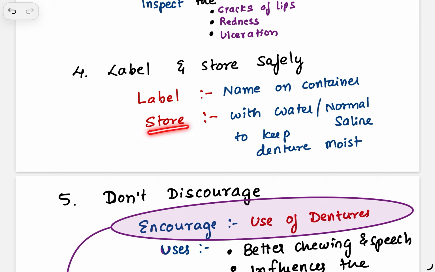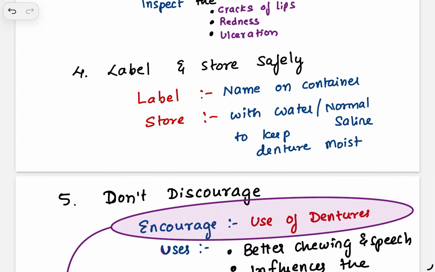Okay. Store. So don't store only the dentures in the bowl, you should store them with water, okay. With the water or normal saline you need to keep them, to prevent dryness, or else to keep them moist. These are the things in the fourth step.